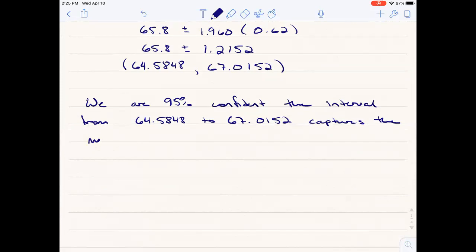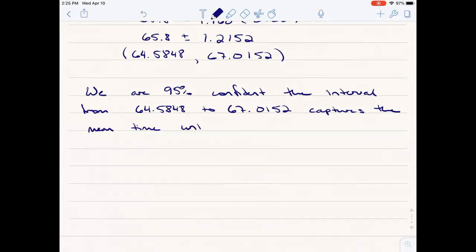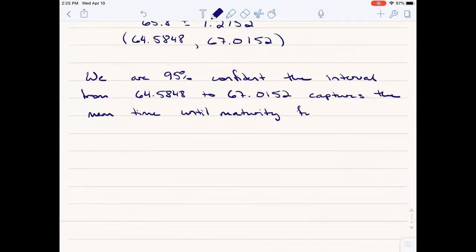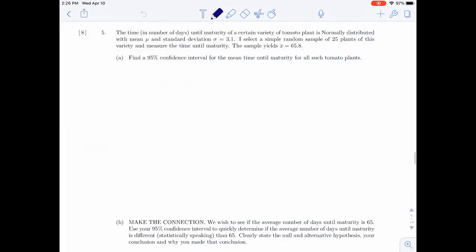Captures the mean time until maturity for all such tomato plants. Nice. Let's go on to part B.